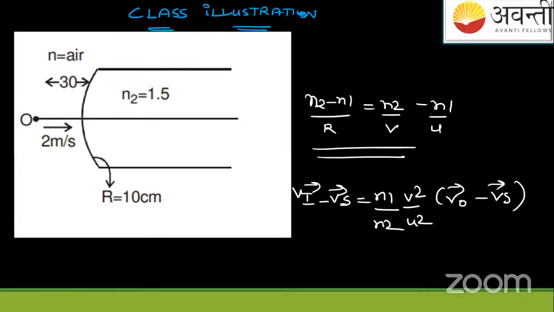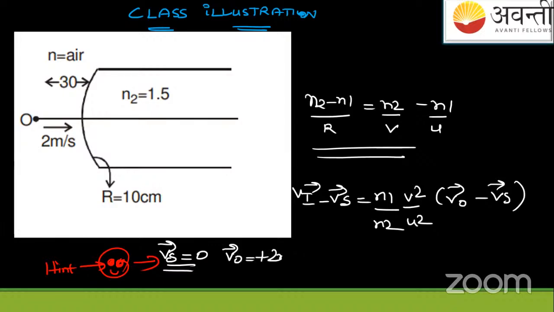Okay. A few hints I'm giving you for solving this question. What are the hints? Hints are these here. The velocity of the surface, meaning the refracting surface, here will be 0. And the object's velocity will be what? It is moving with how much speed? It's +2 meter per second.